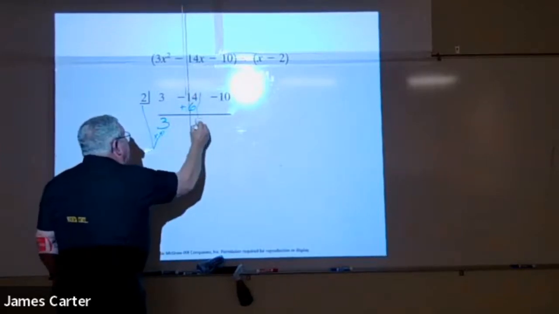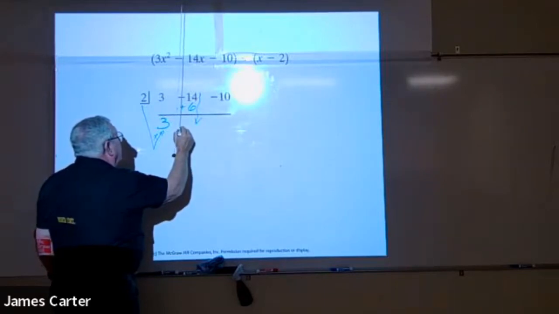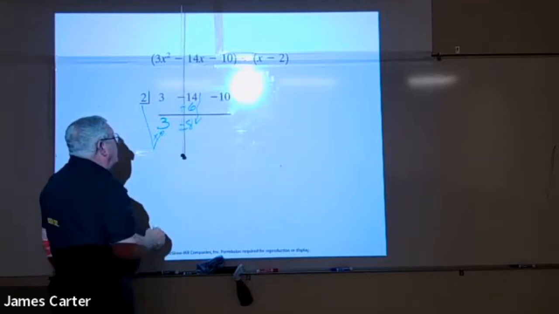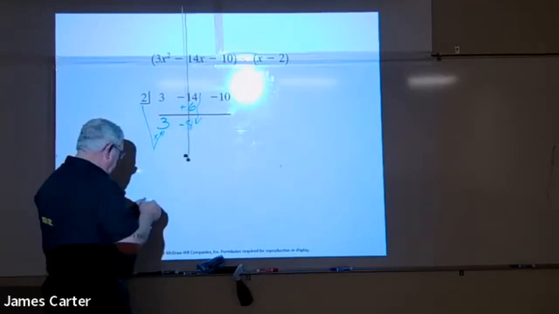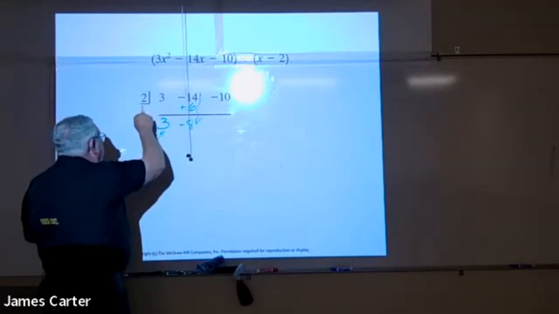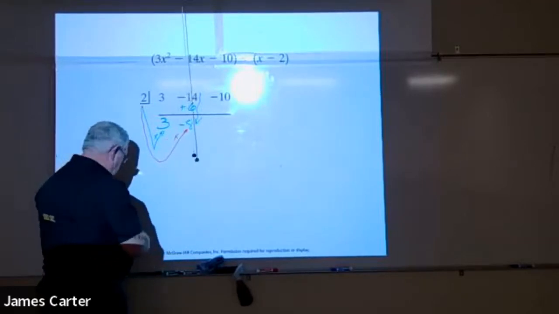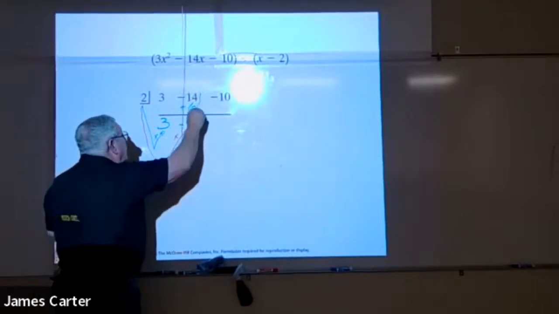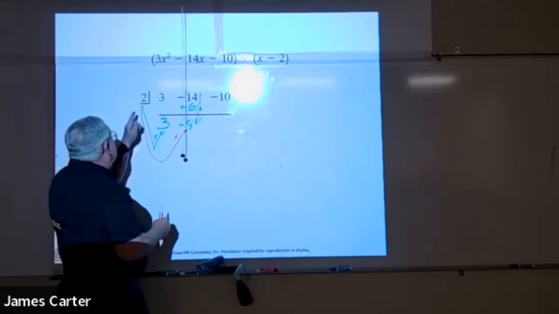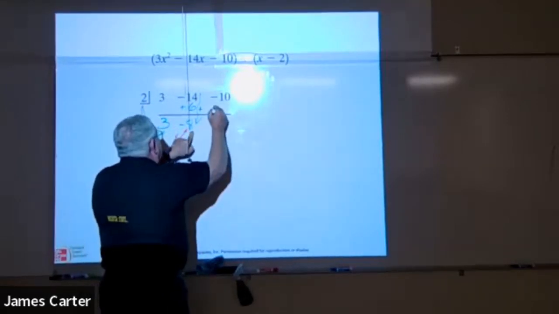Now we're going to add these two and get negative 8. Now we're going to take this 2 times that. Right here we added. We take this 2 times this negative 8, and in this case, we get negative 16.